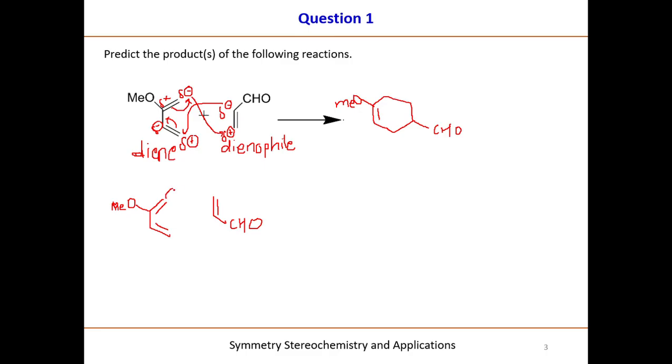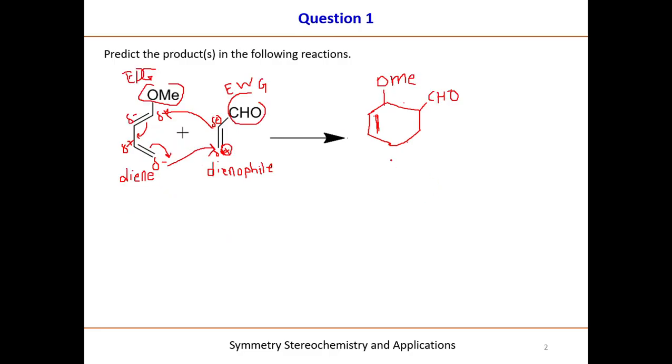It will attack on this carbon, this will attack here, it will go this way, this way, right? So this is the transition state, and you will get this one as the major product. This one is the major product of the reaction. I hope you are getting clear with these examples.